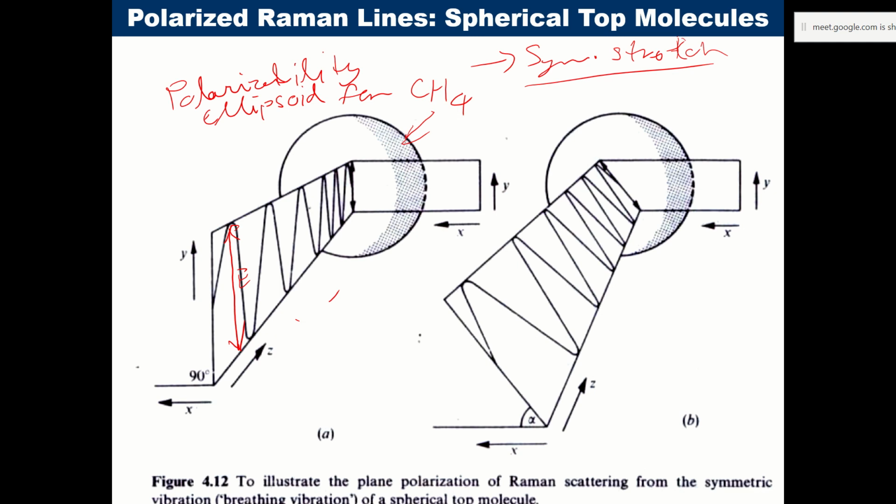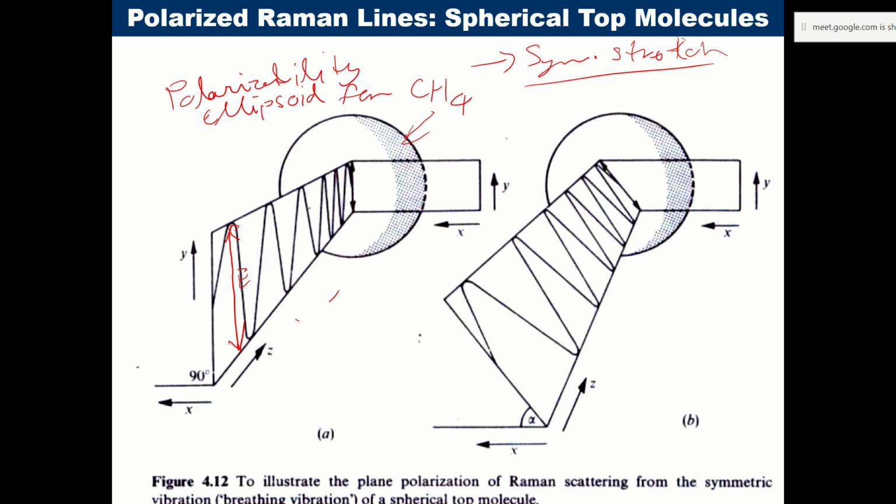During symmetric stretching, all four CH bonds are equally stretching out, or compressing in. So the shape of the ellipsoid doesn't change. It is always spherical. Only the size of the ellipsoid changes. Okay, and this is Raman active, well known.